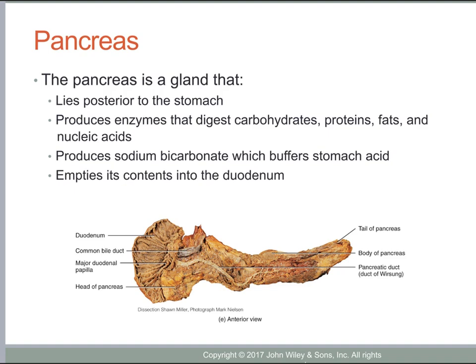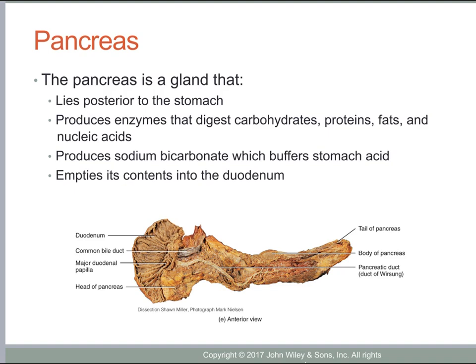Its location is posterior to the stomach. It is going to produce enzymes. Those enzymes include carbohydrases, proteases, lipases, and nucleases. Now each of these enzymes will break down their respective counterparts. Carbohydrases break down carbohydrates, proteases, proteins, lipases, fat, nucleases, nucleic acid.